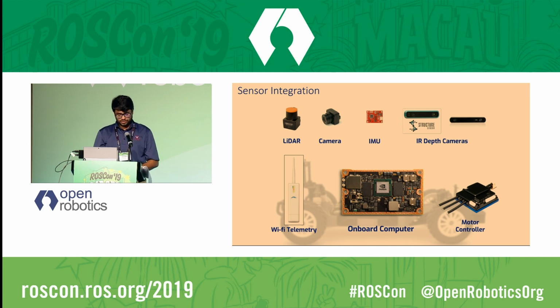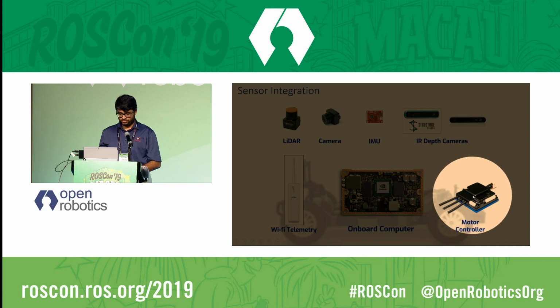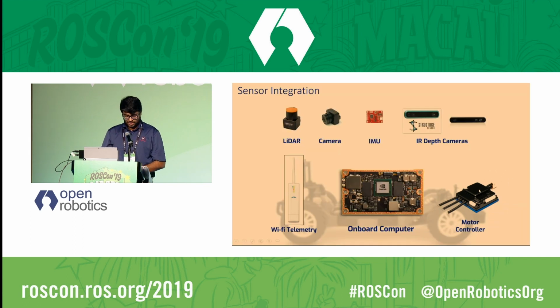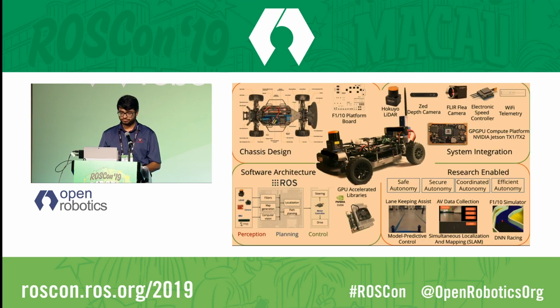For the chassis controller, we use the VESC skateboard controller, which is in the lower right of the screen, right here. This controller is capable of running both the traction motor and the steering servo. The ROS package accompanying the skateboard controller also provides critical odometry information that is necessary for high-level path planning.